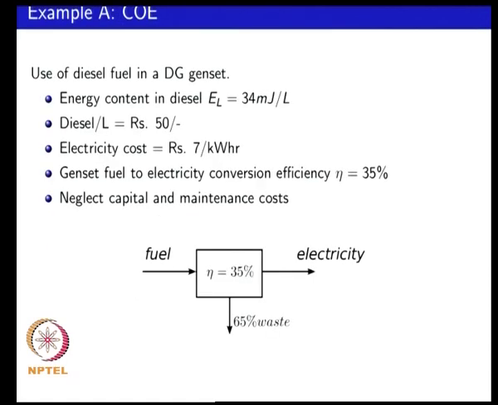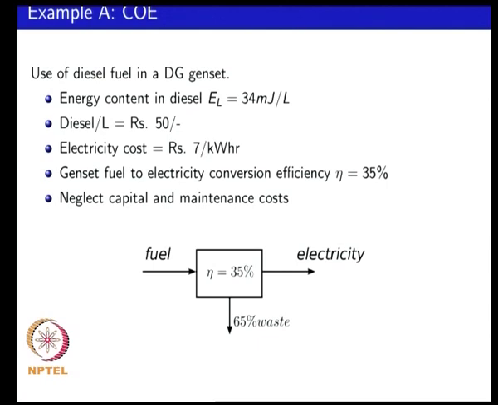We started with a simple example of cost of energy for a diesel generator producing electricity, and we took the cost of diesel fuel to be 50 rupees a liter, and the cost of electricity from your distribution supplier to be 7 rupees per kilowatt hour.